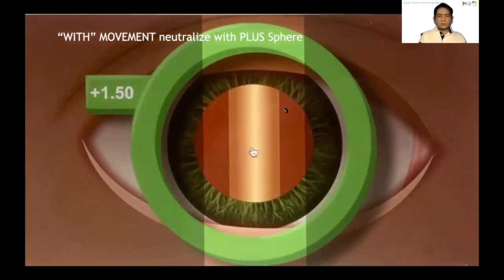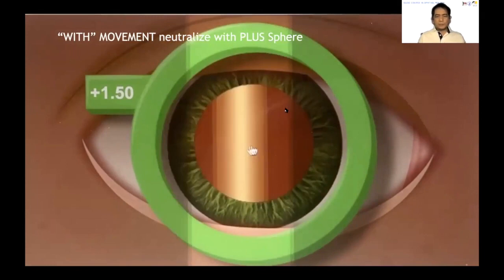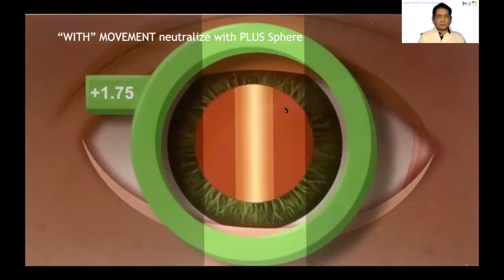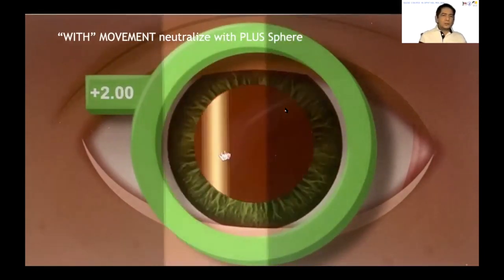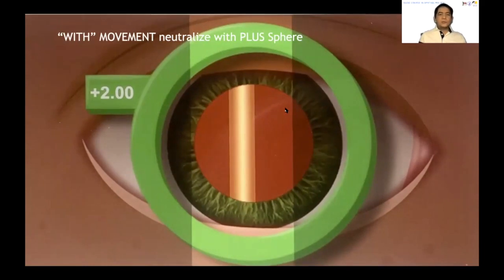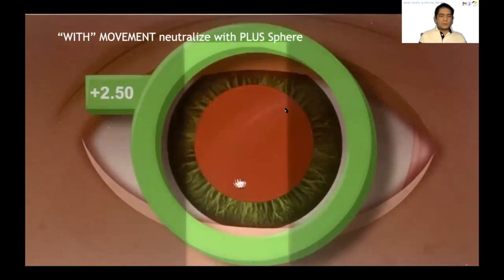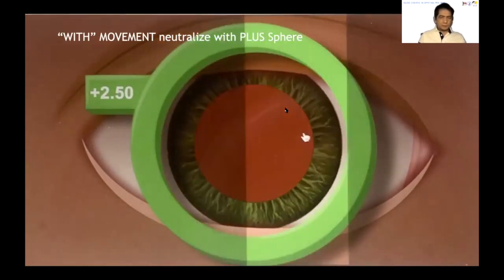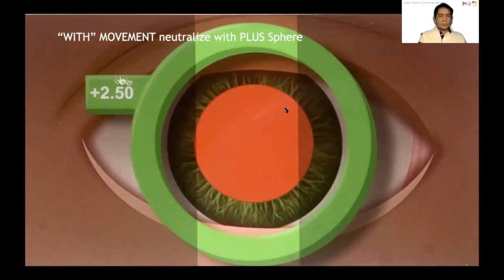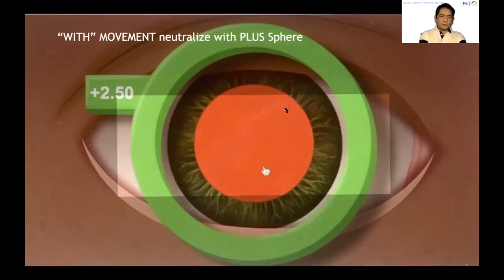As you go near the neutrality, you will observe that the streak is getting thinner and brighter. With plus 2, and then increase the plus until you reach the point of neutrality. So the neutralizing lens here is plus 2.50 for with motion.